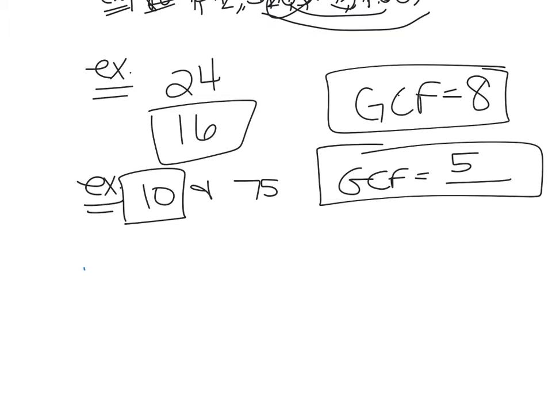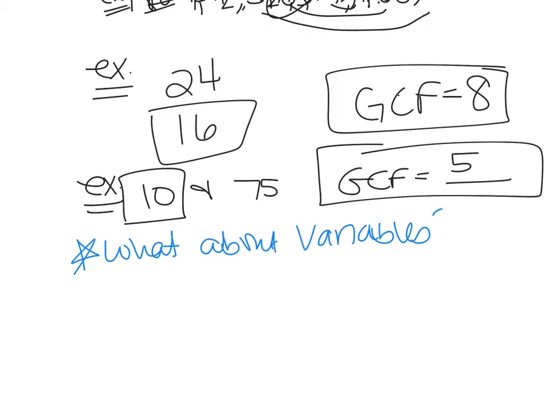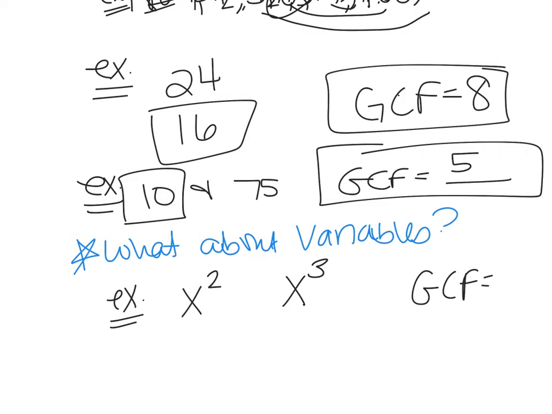Okay. So algebra is the study of variables. So what about variables? If I have x squared and x cubed, and I want to know the GCF, well, I have 2 x's over here, and over here I have 3 x's. How many x's do they both have in common?